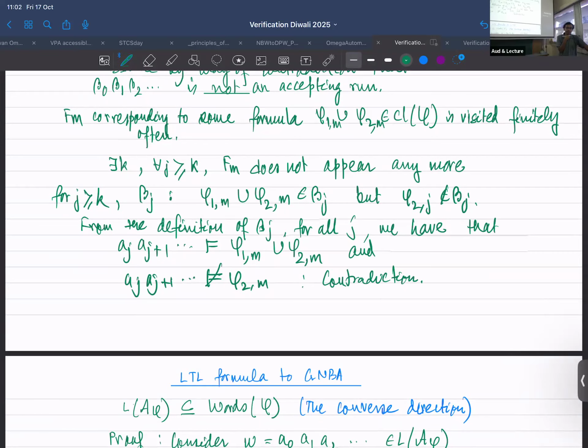So what did we say? If at some point you stop seeing the good states, then you have the until formulas in the betas. From the definition, the a j's satisfy phi 1 until phi 2, but none of them satisfies phi 2 j, because the beta j's do not have phi 2 j; they are not good.